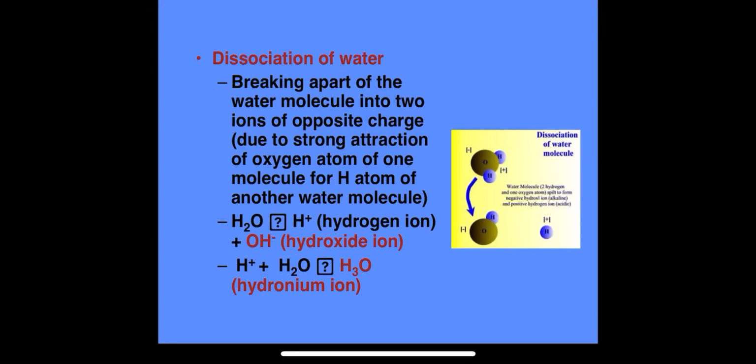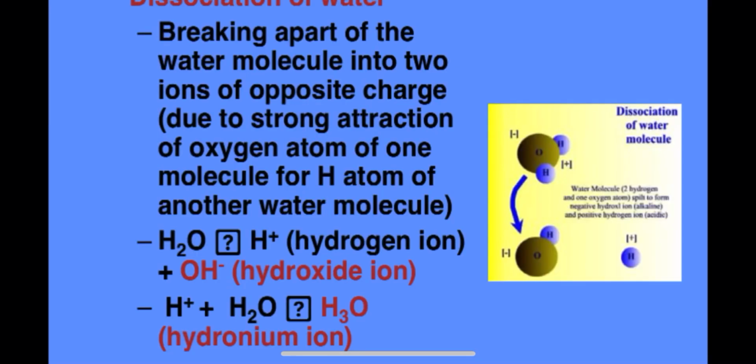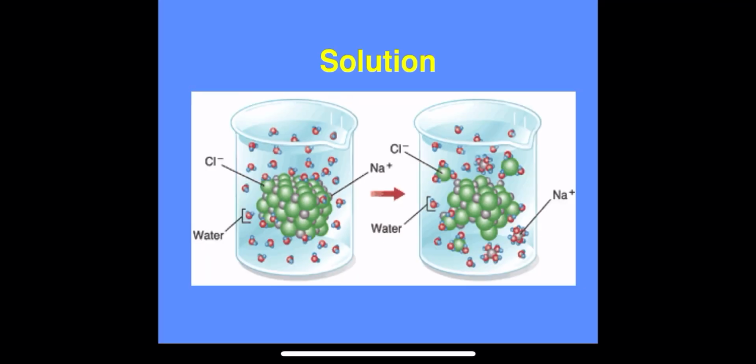As the figure shows you, the dissociation of the water molecule gives a hydrogen ion plus a hydroxide ion, and hydrogen plus water gives H3O, or hydronium ion. So next is a figure on the solution with the chlorine, sodium, and water solution.